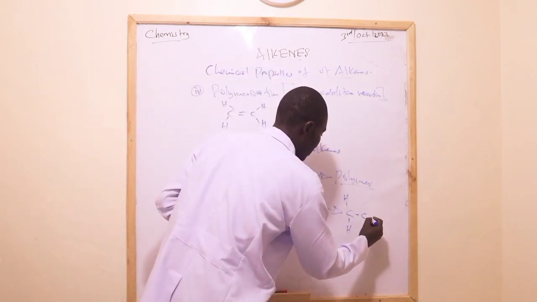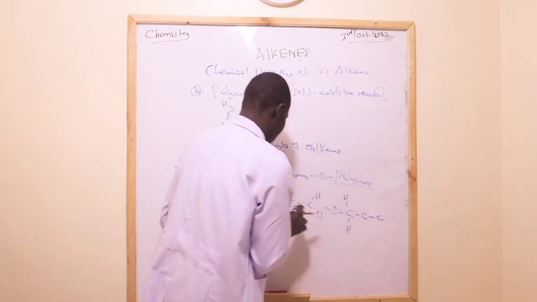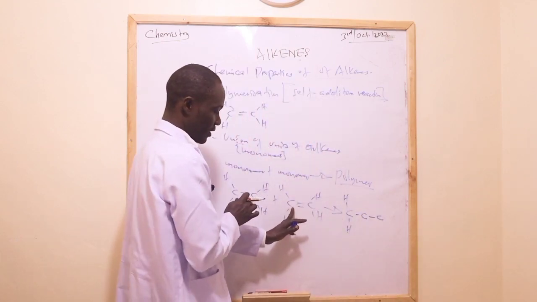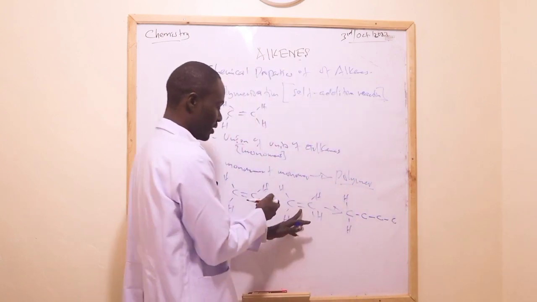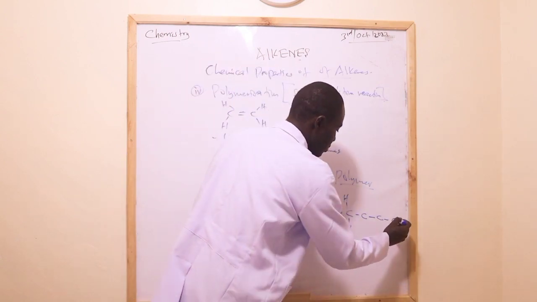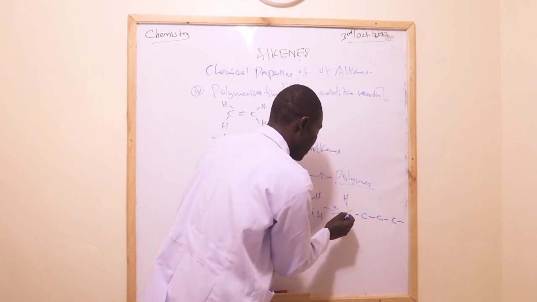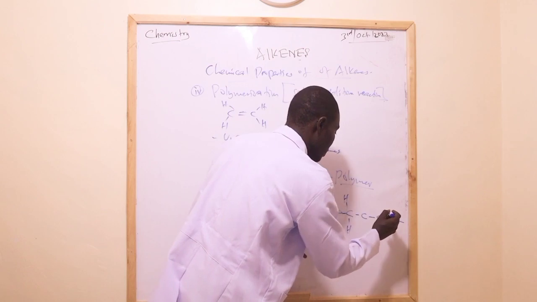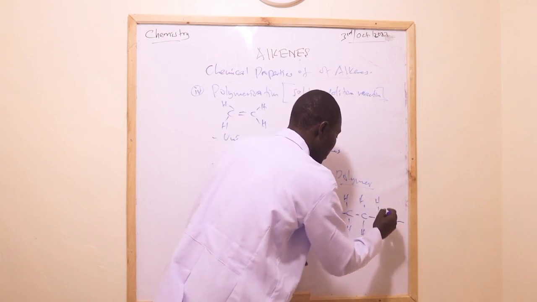In this case, we have another single bond connecting to the first carbon atom in the other monomer, then another single bond that was left after the double bond broke, so that it is continuous. So they are continuous, and each carbon has two hydrogen atoms, as you can see.